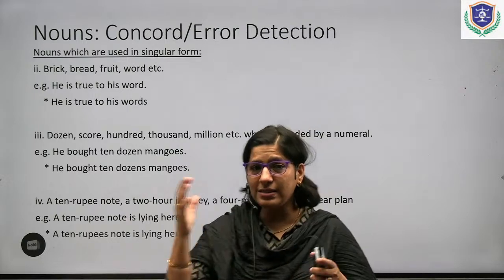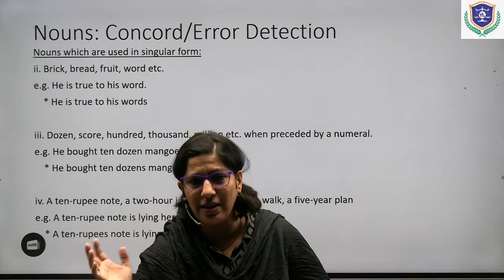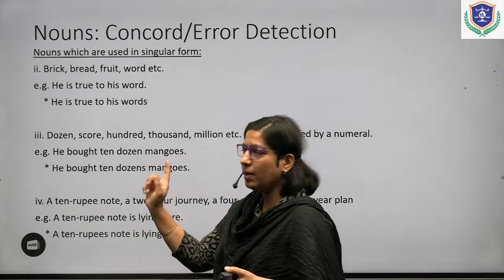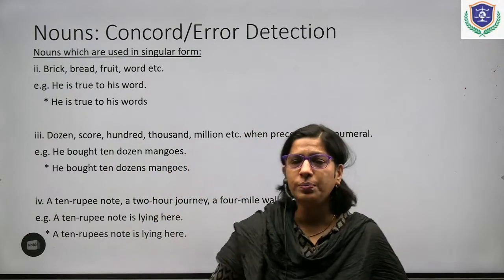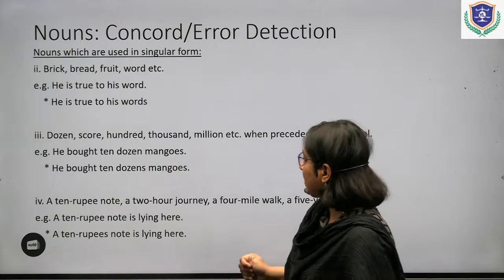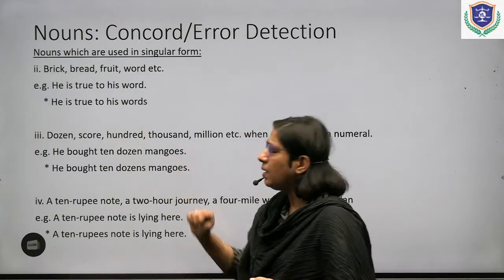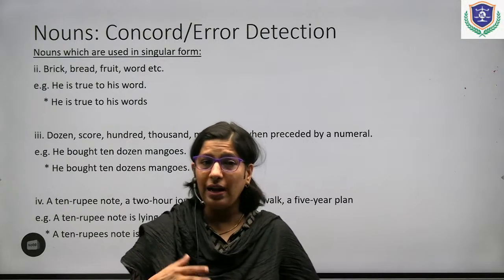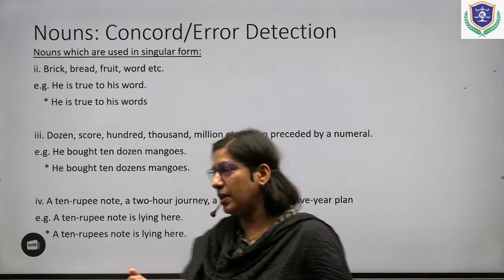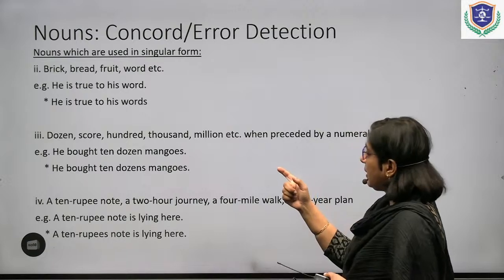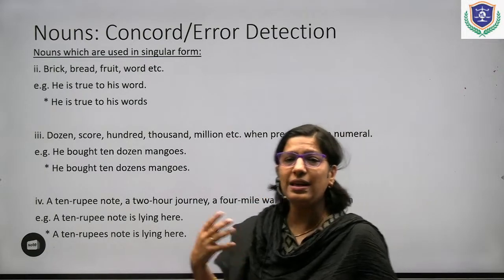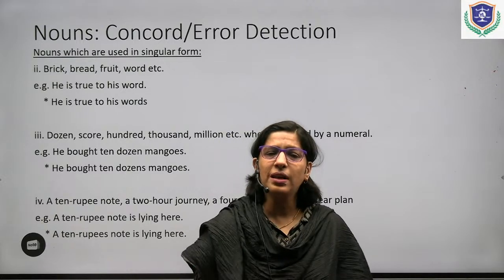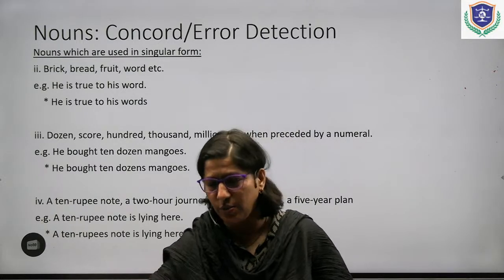I have dozens of bananas in the house, but the moment it is preceded by a number, you need to stick to the word without an S. I have 300 rupees with me, or I have hundreds of rupees with me. He has millions and millions of rupees, or he owns 5 million rupees.